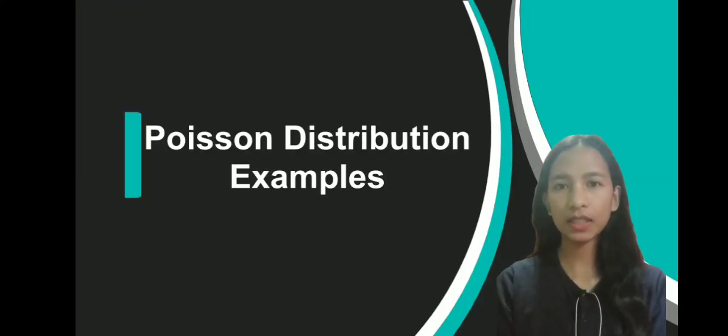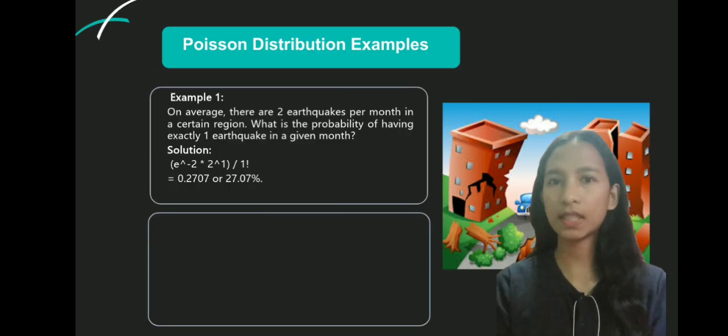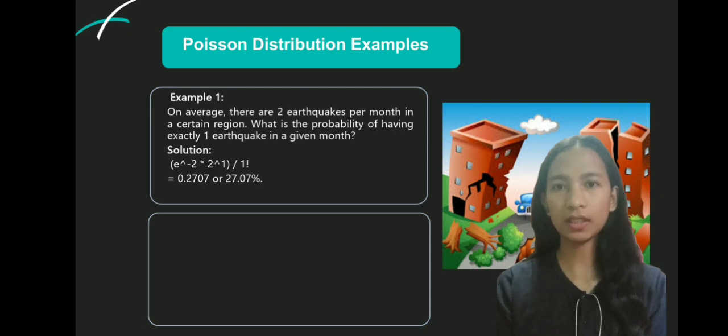Now, let's proceed to the examples of Poisson distribution. Our first example is, on average, there are 2 earthquakes per month in a certain region. We want to calculate the probability of having exactly 1 earthquake in a given month. So, solution. We have here the given values. The average number of earthquakes per month is 2. The desired number of earthquakes is 1.